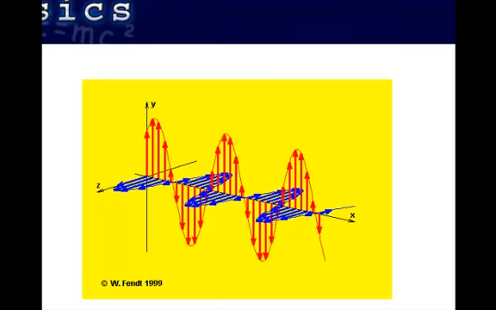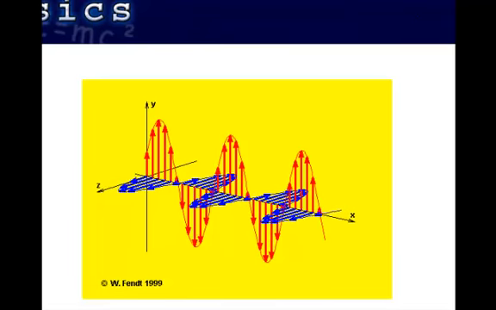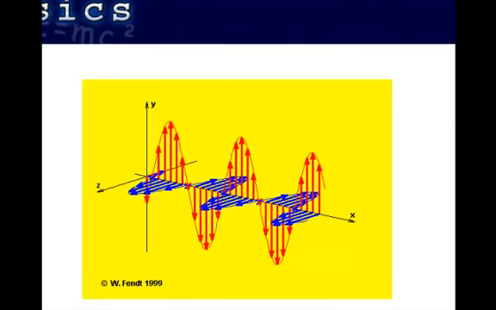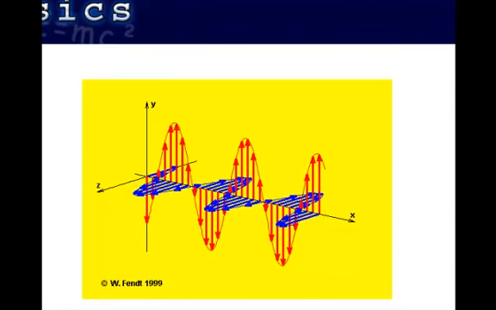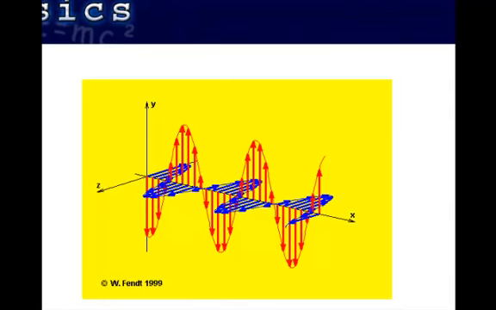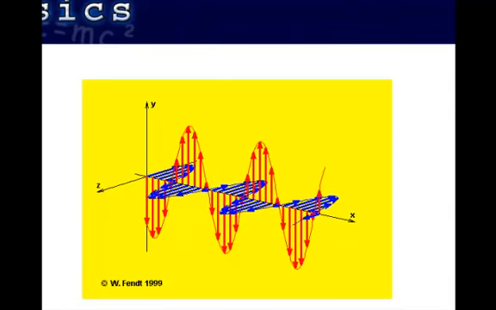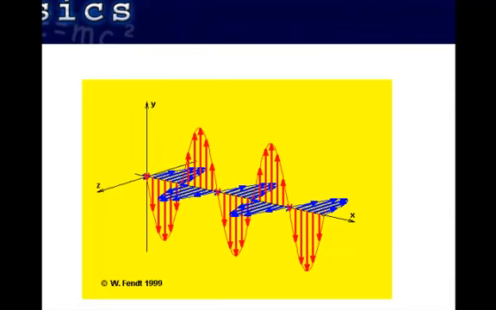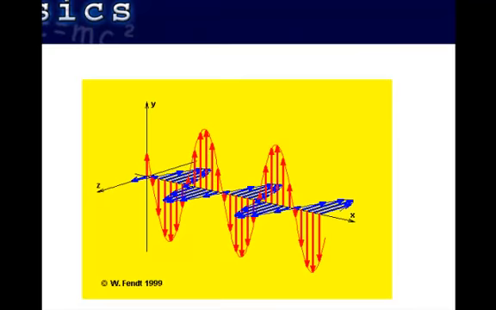Together, they produce a light wave. Now notice that they are each transverse waves and they only propagate in certain directions. The red is along the y-axis and the blue is along the z-axis.